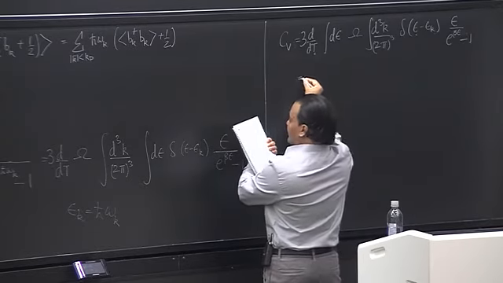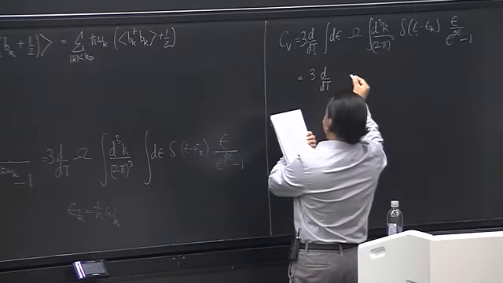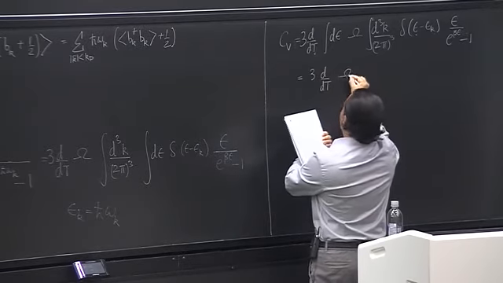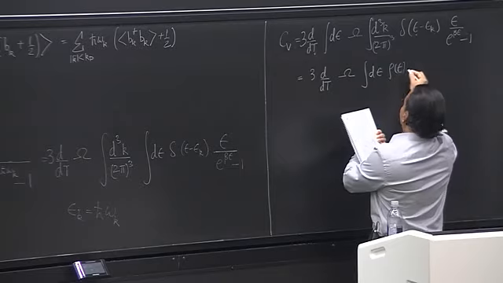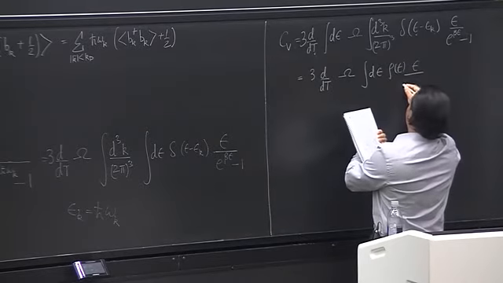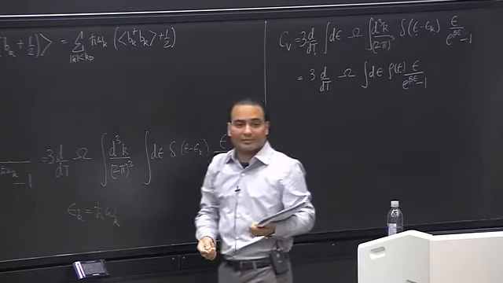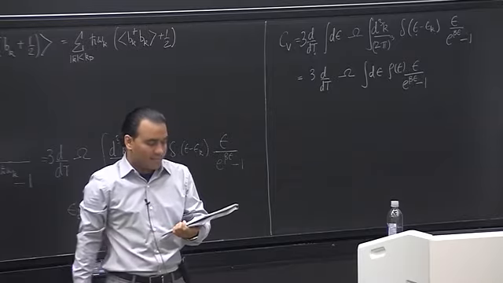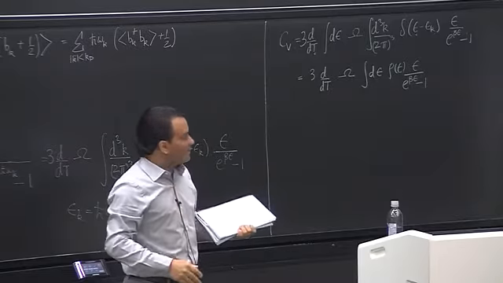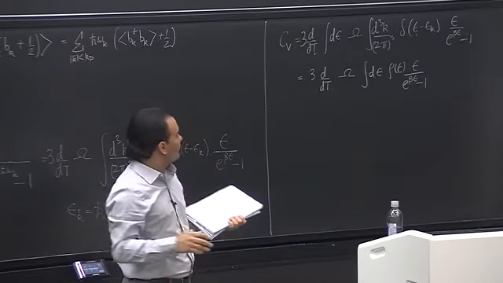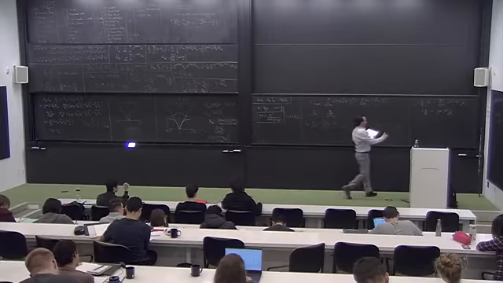So this quantity just becomes 3 d over dT of omega integral dE rho(E), divided by... So next, you're going to do this integral and use this relation, and there's a bunch of algebraic steps involved.